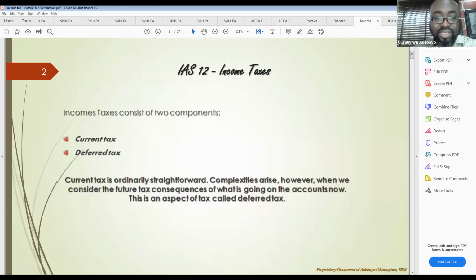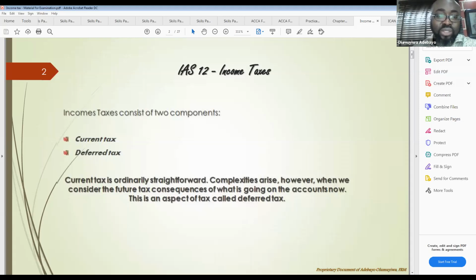But when we talk about taxation, we are talking about the system of tax administration. Even though we use it interchangeably, that doesn't matter. It's just a matter of semantics.